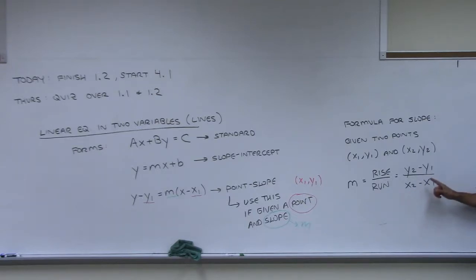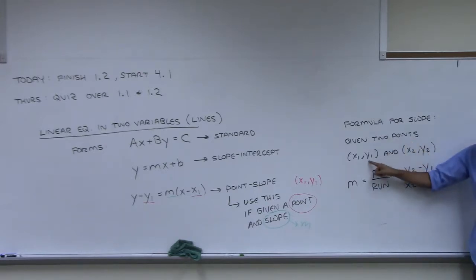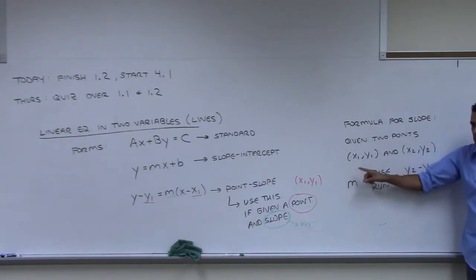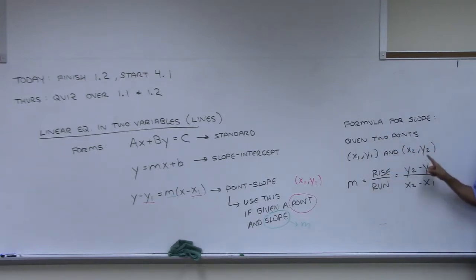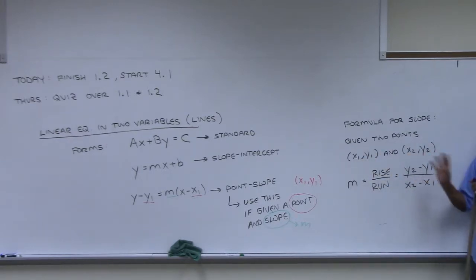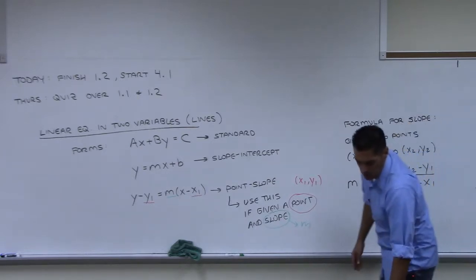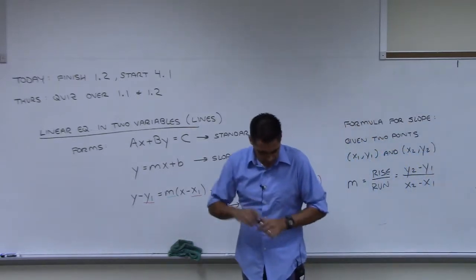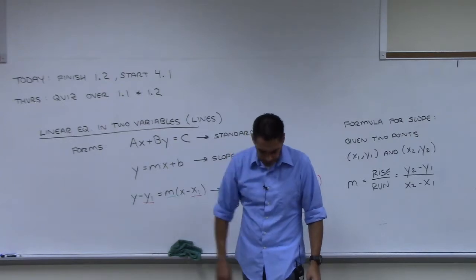But it's important that you do this computation correctly, meaning you take this y coordinate, subtract that y coordinate, and then divide by this x coordinate minus that x coordinate. You can't switch them. You can't do this y minus this y, and then this x minus this x. If you do it backwards, then it'll be wrong. Understand? Okay.